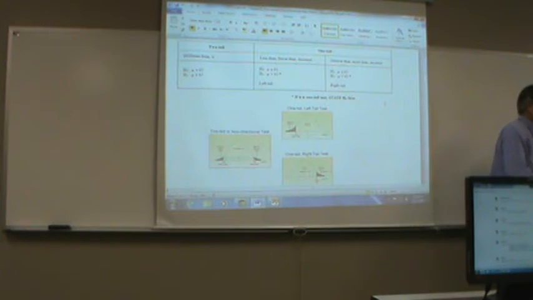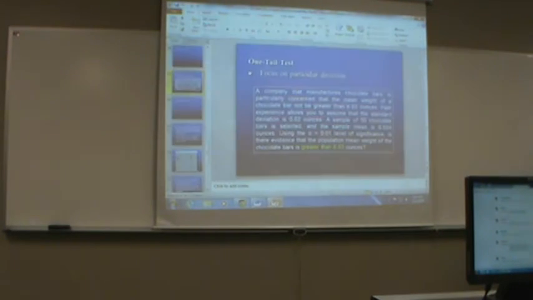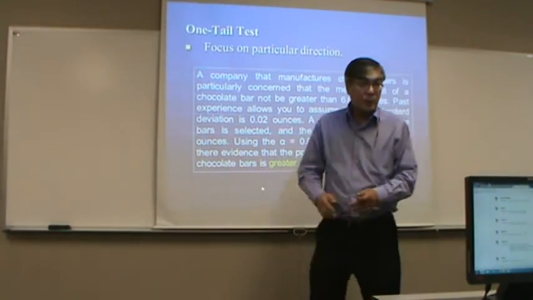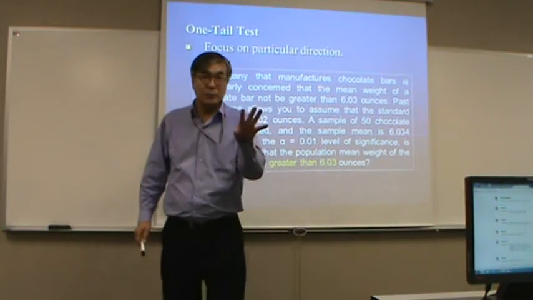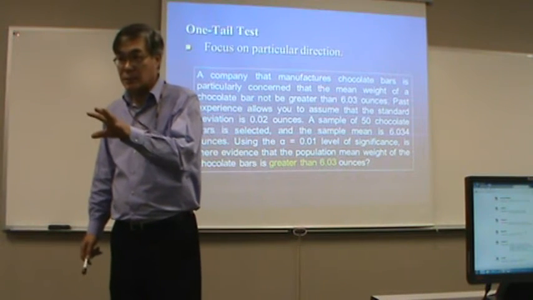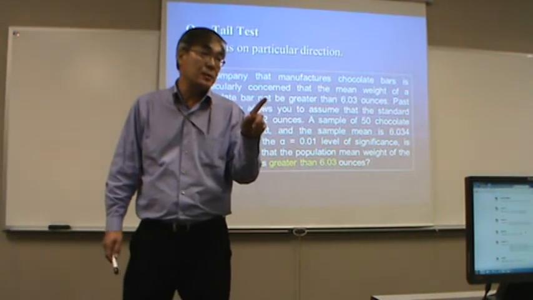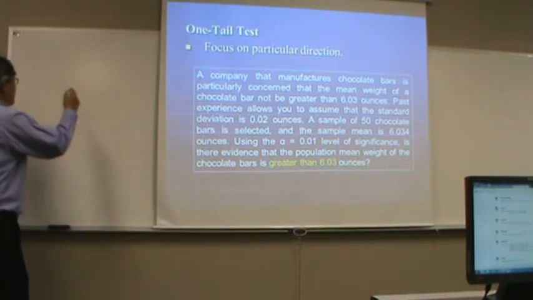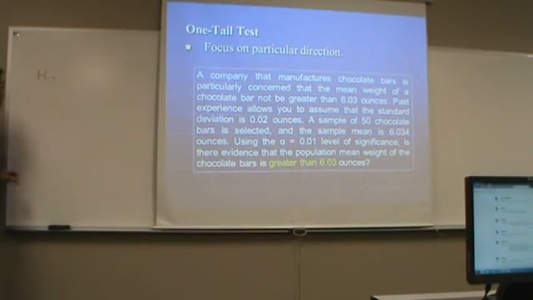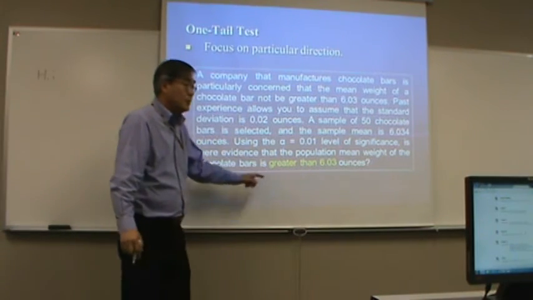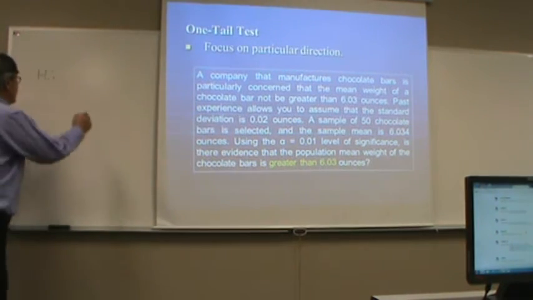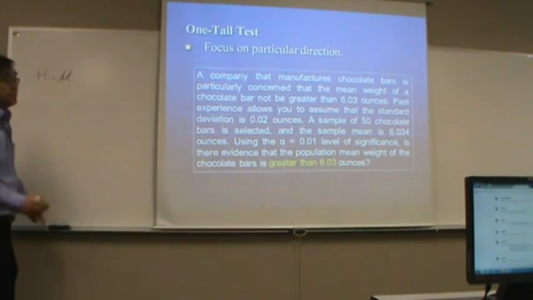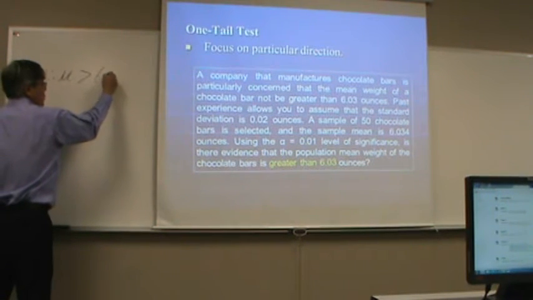H1 is the alternative hypothesis. This comes from the word greater than, so you can say it's a one-tailed test, right? H1: the population mean is greater than 6.03.